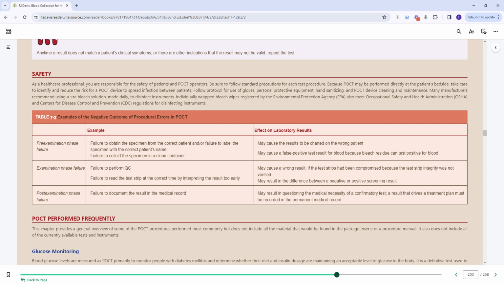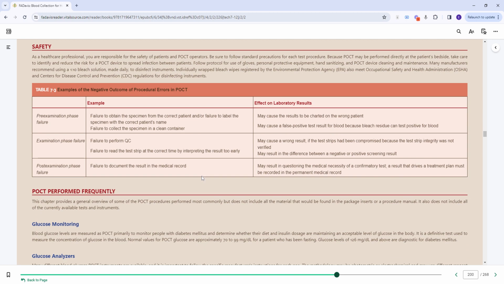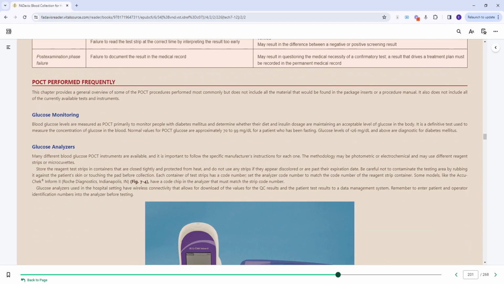The instructions will tell you what time frame you need to read the results. Sometimes you have to wait 5 to 8 minutes. Sometimes it's 30 seconds to a minute, but no later than 5 minutes. Definitely need to understand that.